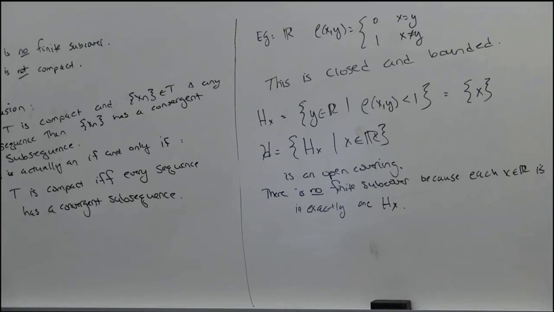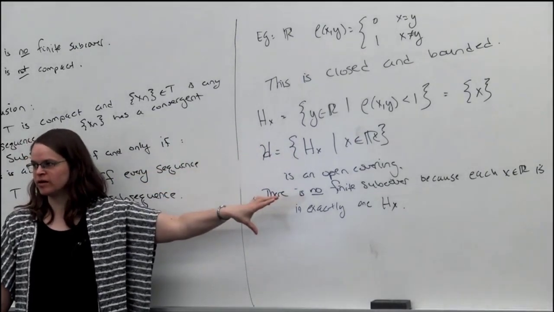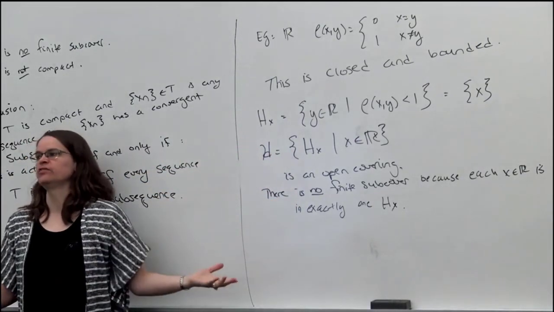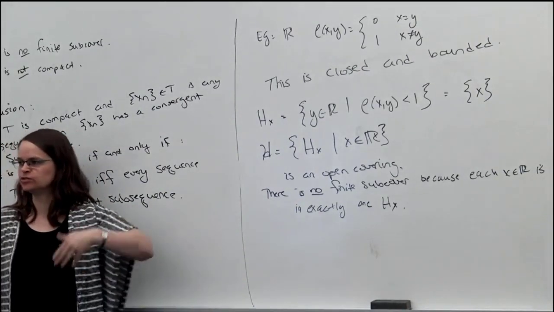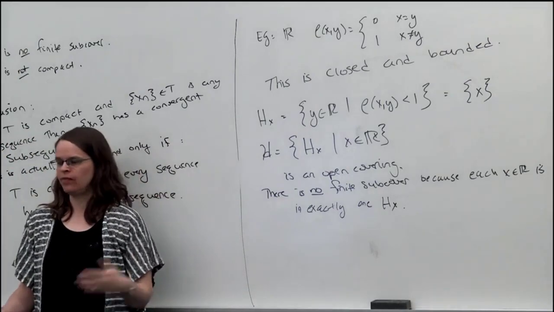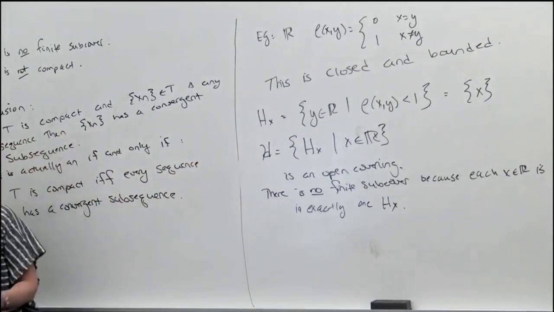Closed and bounded doesn't let me do that anymore. Here I could easily build a sequence in this metric space that doesn't have a convergent subsequence. The counting numbers, the sequence 1, 2, 3, 4, doesn't converge, even though my set is closed and bounded.